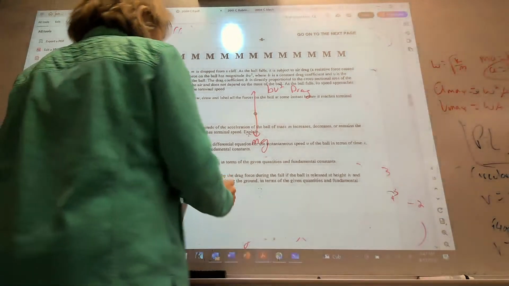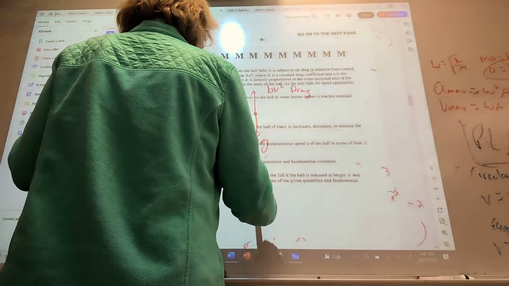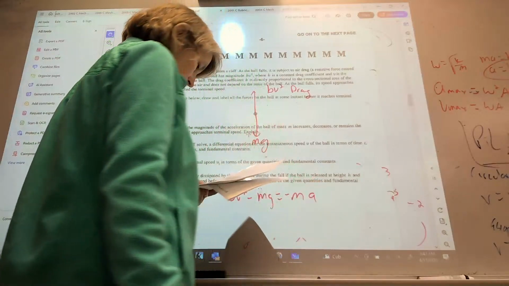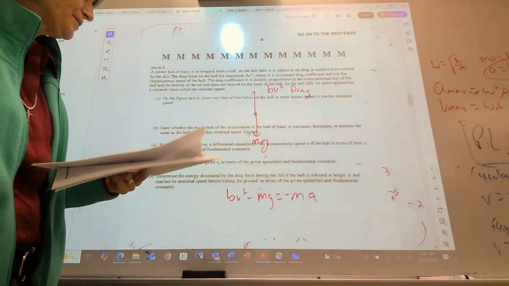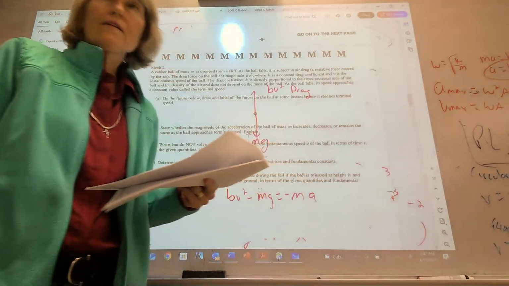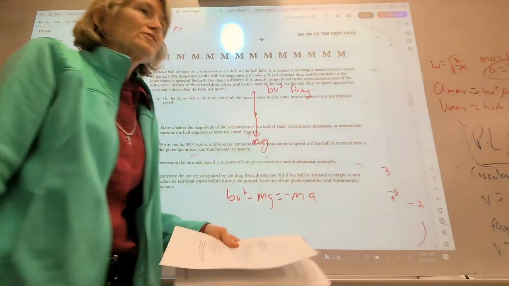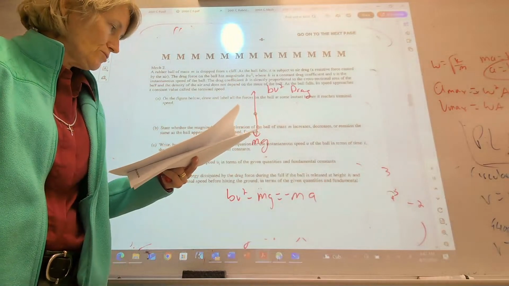You should have written bv squared minus the weight is equal to negative ma. If you switched all your signs, that's okay, since you switched all of them and not some of them.